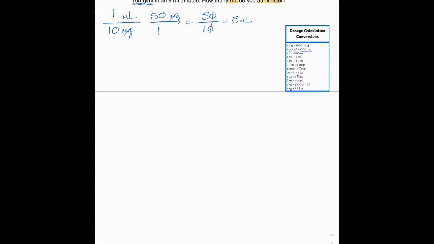Now, notice that we had this 8 mil ampule right here, and what this shows us is that just because the number's in the problem does not necessarily mean we have to use it. Now, we can use this to say, okay, as a nurse, I need to give 5 mils, and 1 ampule has 8 mils in it, so all I need is 1 ampule.